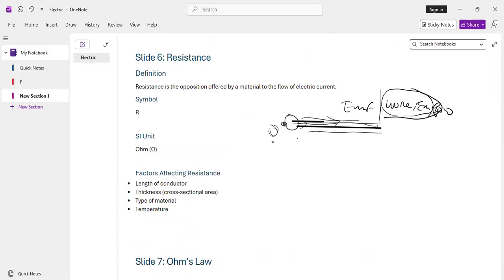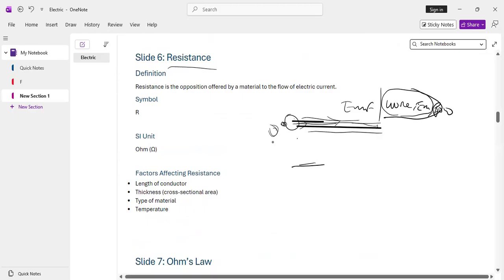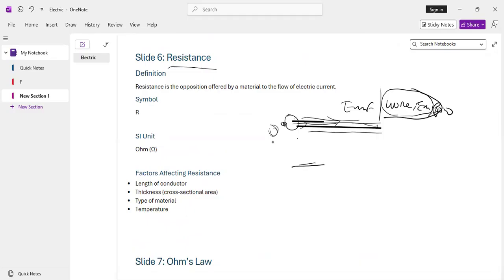So now what then? Why this thing is moving, there is a resistance, like a friction. Whenever somebody is moving, there is a friction, right? Trying to withstand the flow of electricity in a circuit, in a metallic conductor, or any medium it is flowing in. It's called resistance. So resistance is the opposition offered by a material to the flow of electricity.